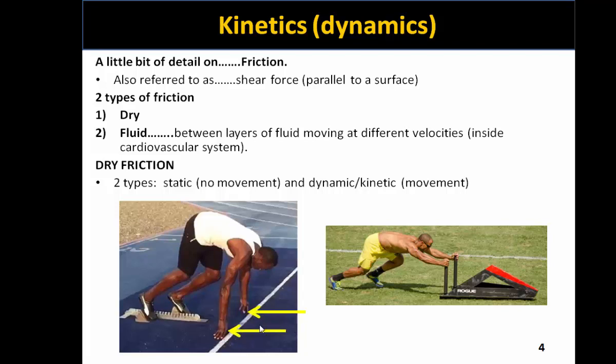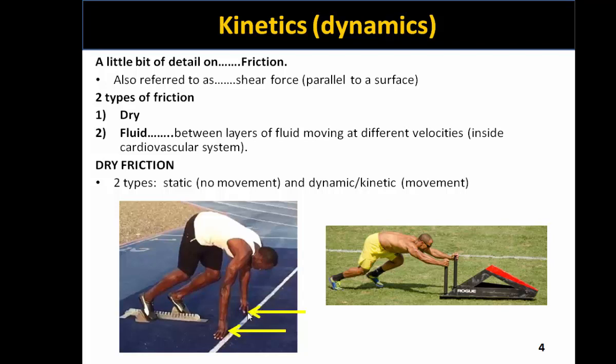The track is exerting a force in the direction towards the left, because his body weight through his arms, through his fingers, are pushing on the ground. And because of the nature of the materials of his skin on his fingertips and the material used to make this track, the nature of the surface is such that his fingers will not slide along that track.